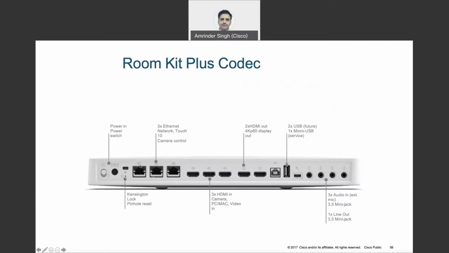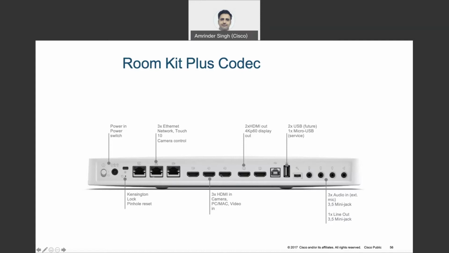Next is an Ethernet port that shows a touch panel with a finger on it. It means it's for your touch panel connection. The next port is for uplink. The next one is for camera control, so you connect your QuadCam or any other camera supported by this unit onto this port for the camera controlling part. HDMI input, because it has a camera, this will be the place to connect the cameras. Second is another HDMI input. You can connect another camera or anything that you like on this one.